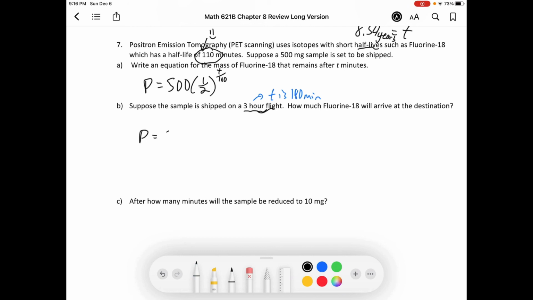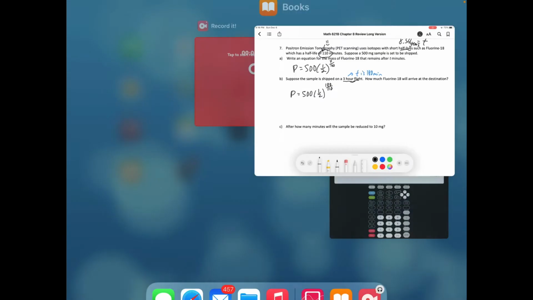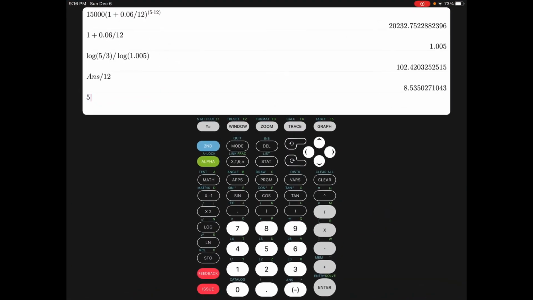All right, so we have 500 times a half to the power of 180 over 110. Just plug and chug in the calculator. 1/2 to the power of, careful here, extra brackets.